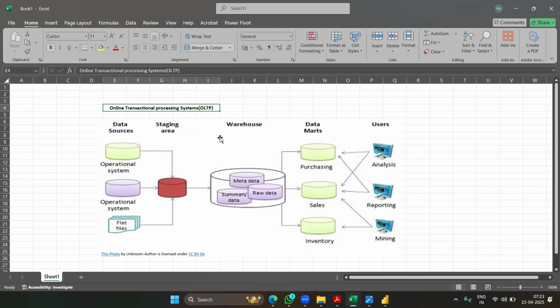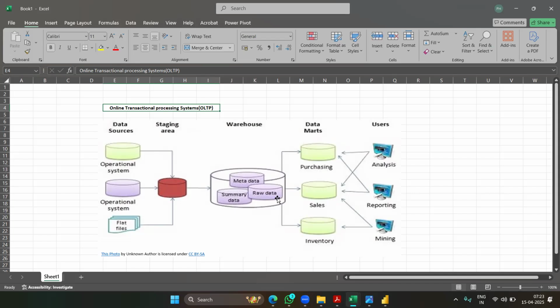So now the warehouse is going to help us to take a copy and maintain raw data, summarized data and metadata, right? Now in future, if I get new requirements, I can refer to this raw data, which is going to have the complete history, right? And I can create a new report.